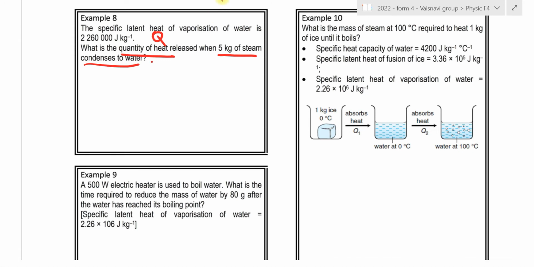Kalau condense ke, boiling ke, ini semua vaporization, latent heat of vaporization. Sama aja formula dia, Q equal to ML. But the question asking Q lah. Mass dia adalah 5 kg, latent heat is 2.26. You can actually make it as a standard form here. So 3 and a 6 times 10 to the power of 6. And the answer?